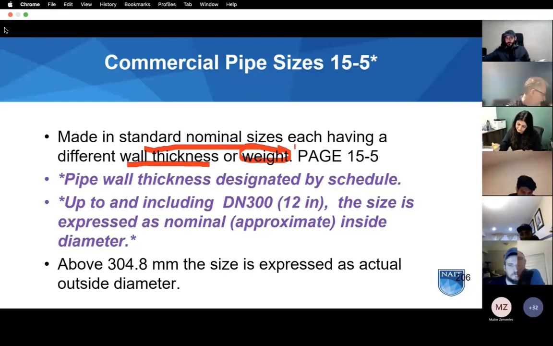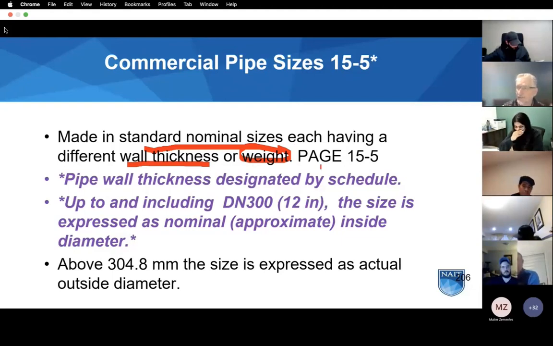So if we look up a piece of 12-inch pipe and it's standard piping or Schedule 40, its thickness is 10.31 millimeters, and the weight of that stuff is 79 kilograms per meter. Just to give you a short lesson on looking up a piece of pipe in the pipe chart.